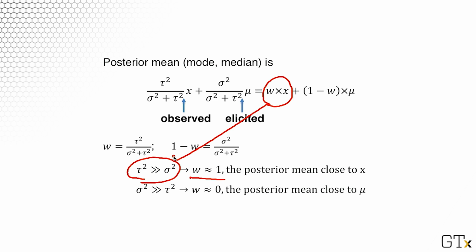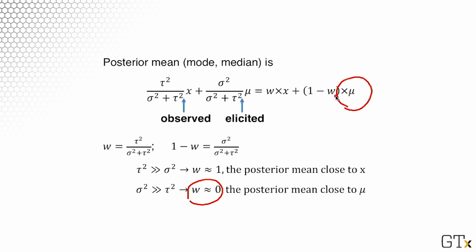But what really that means is the following, that tau square, which is variability of the prior, is much bigger than the variability of observations. So you're quite certain about the observation because sigma square is smaller, and then you put emphasis on what you observe as x. Vice versa, if you have w weight close to 0, then you emphasize what you elicited.